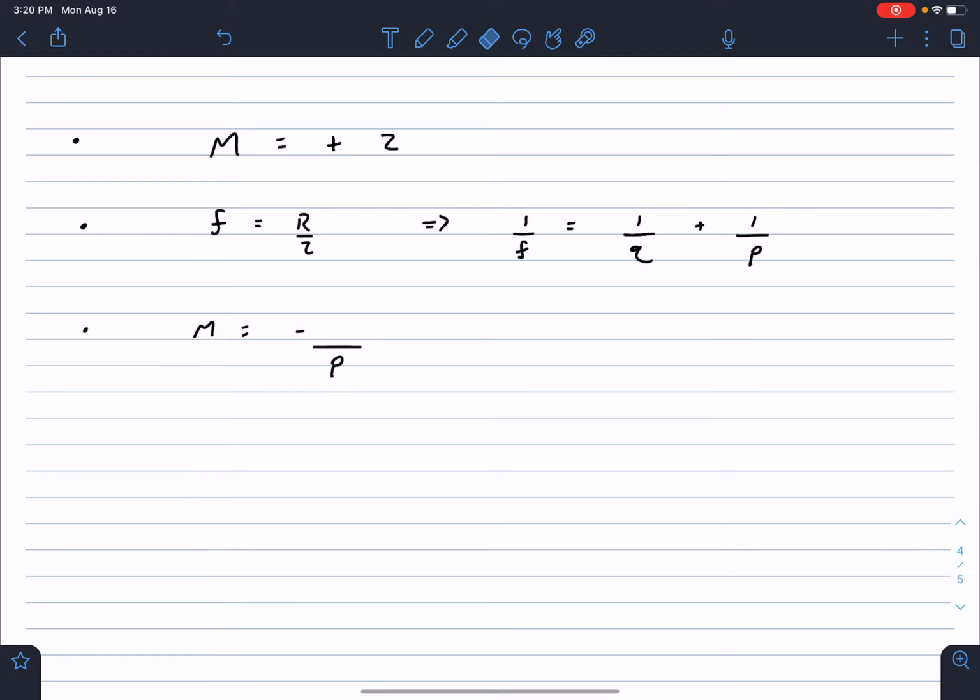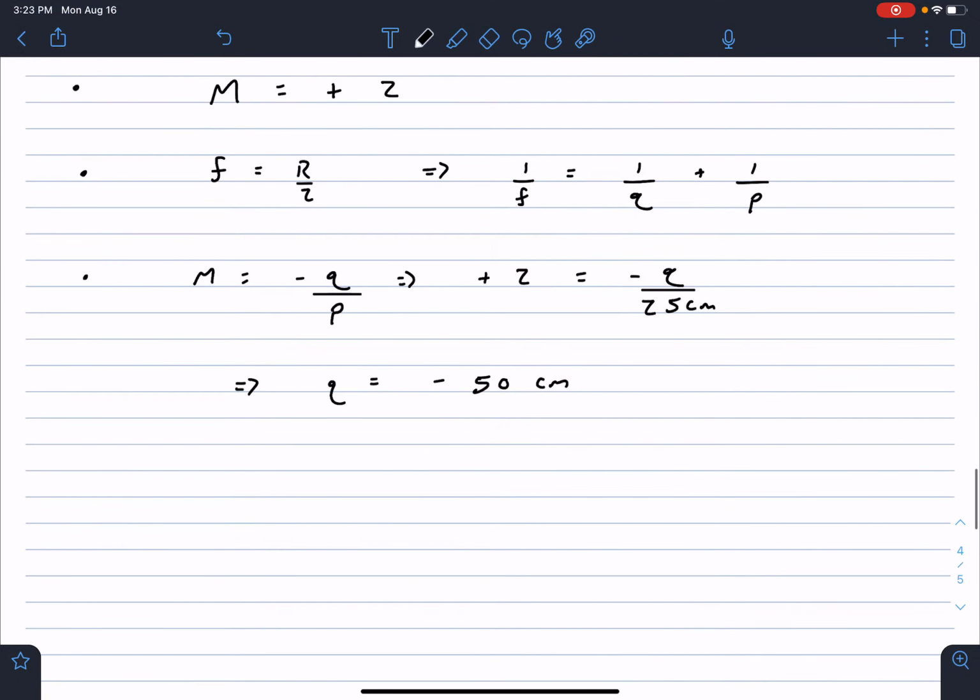So this is negative the distance of the image over the distance of the object. So positive 2 is equal to negative q over 25 centimeters. That means that q is equal to negative 50 centimeters.